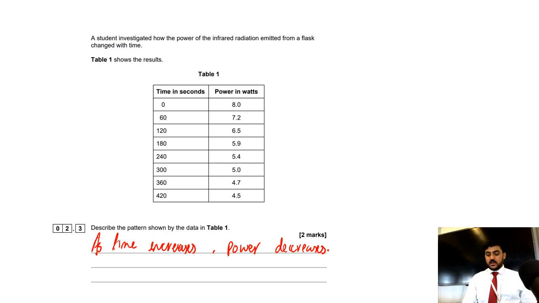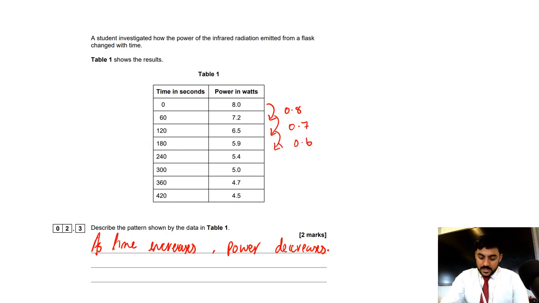Okay, then obviously because it's 2 marks, we can't leave it there. There has to be something more. Let's see, from 0 to 60 seconds, it's a decrease of 0.8. From 60 to 120, it's a decrease of 0.7. From that to that is a decrease of 0.6.